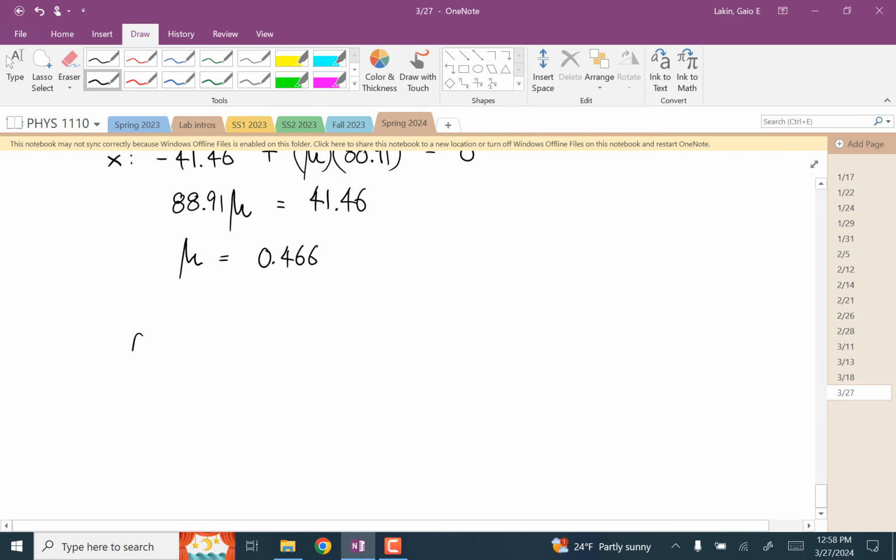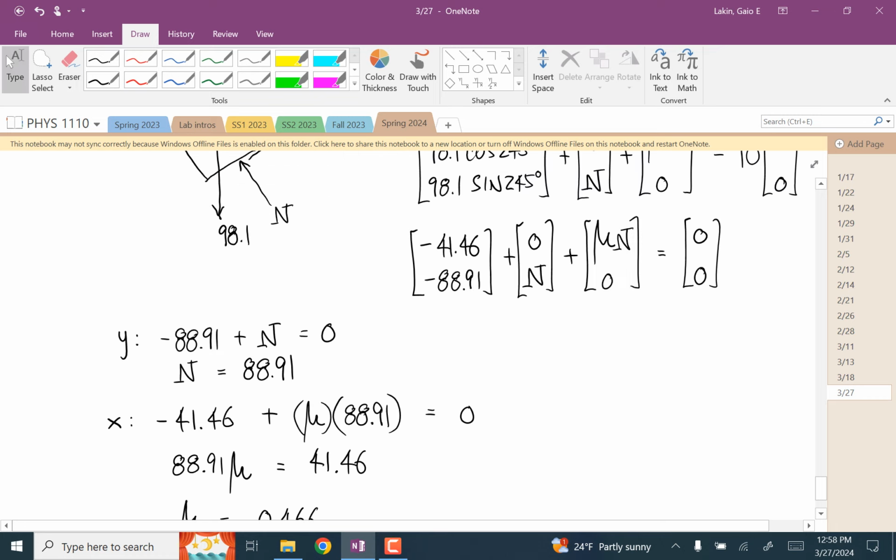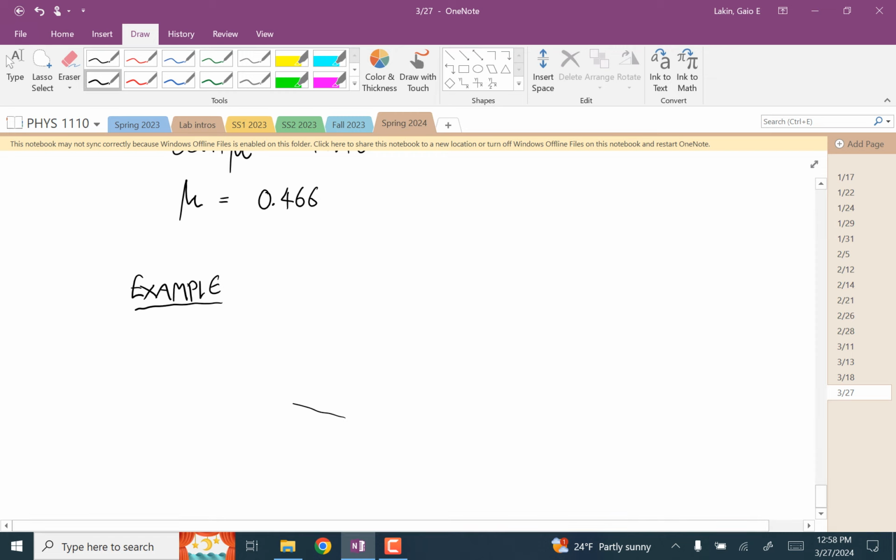Let me do one more example, sort of like a deluxe model that's using the last two things we've talked about. So this time, let's say we have these two carts connected by a cable.